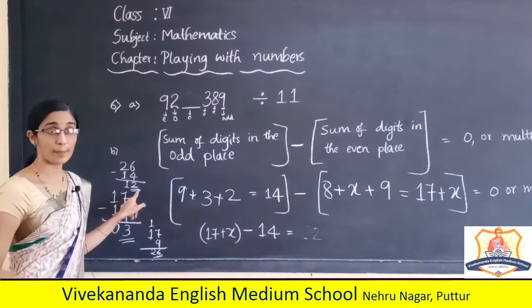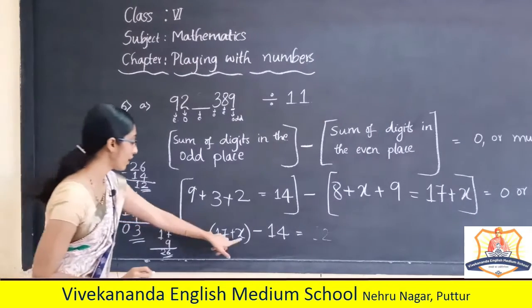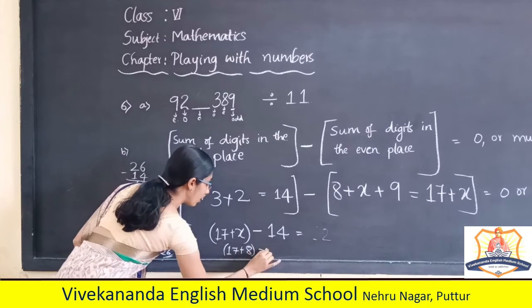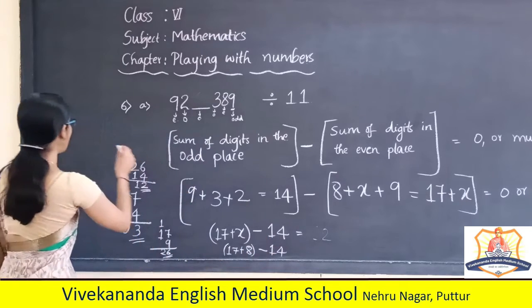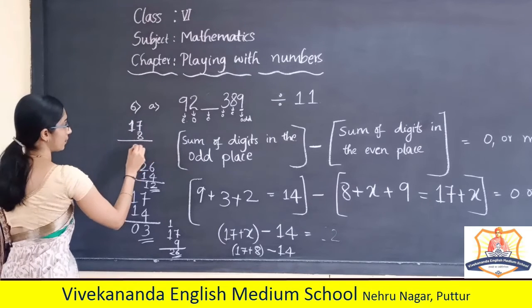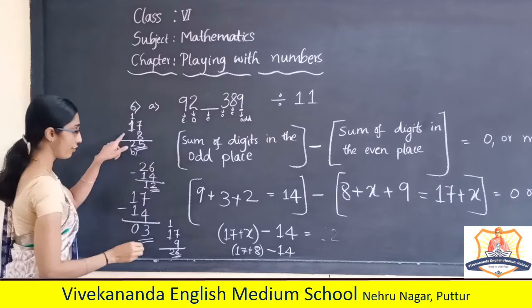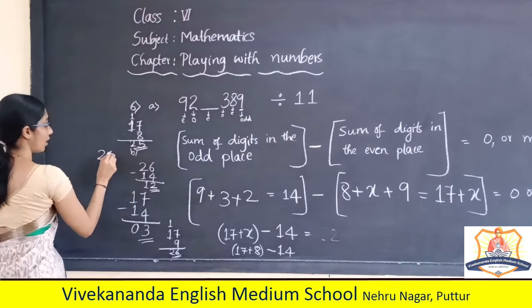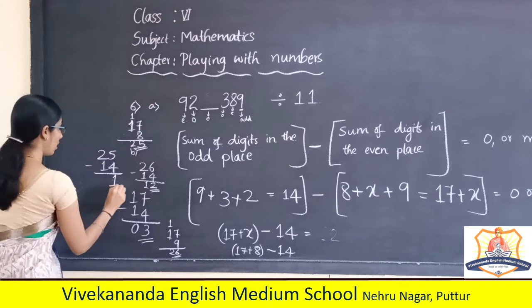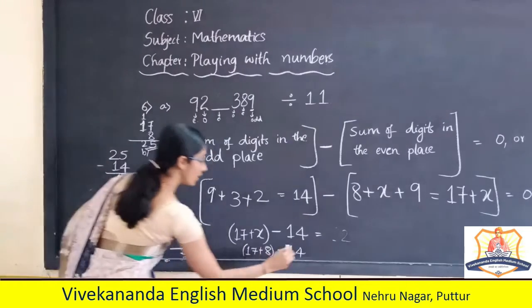So the number is not divisible by 11. So let me reduce it by 1. 17 plus 8 if I take, 17 plus 8 is 25, minus 14. Am I right, children?